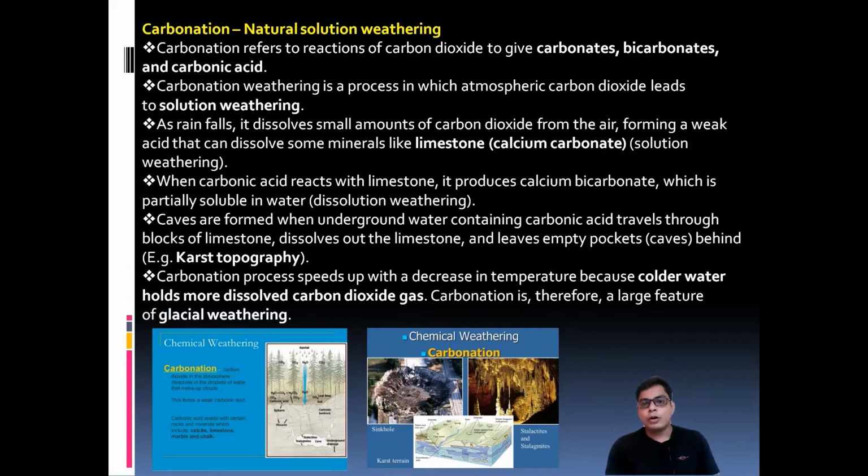Karst topography, perhaps you know Yugoslavia, shows this type of reaction, and due to carbonation weathering occurs in that area. Carbonation also increases with a decrease in temperature, because colder water holds more dissolved carbon dioxide gas. So that's why the problem started. Carbonation is a large feature of glacial weathering. So this is all about carbonation.